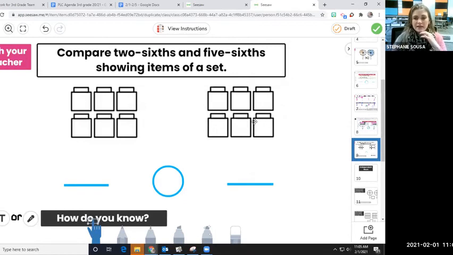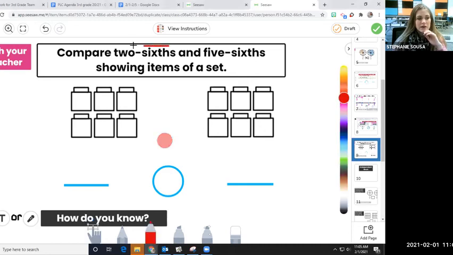This is a set of unifix cubes or counting squares that you might have been familiar with at Indian Creek in 1st and 2nd grade. We see that we have a set of 6, which is why our denominator is identified as 6. We are asked to compare 2/6 and 5/6.